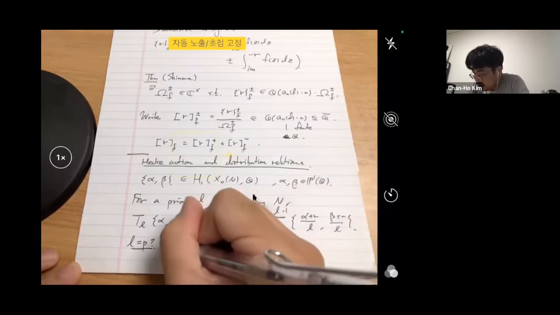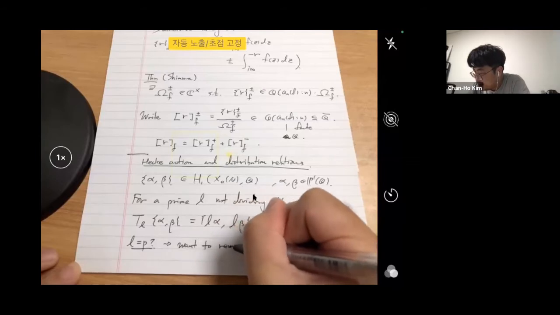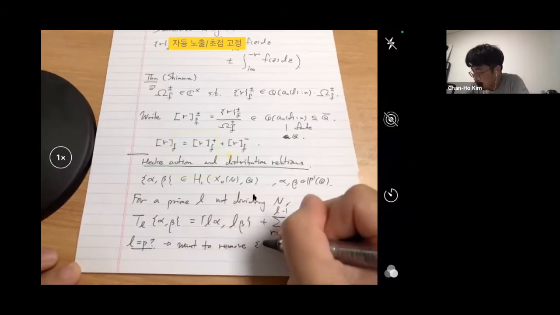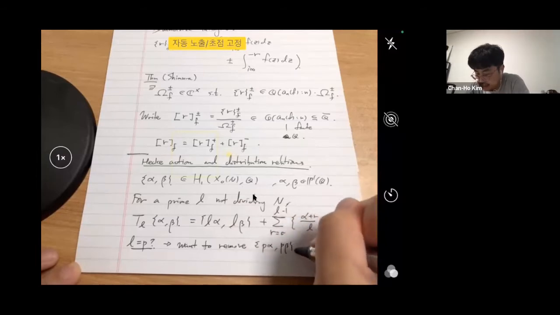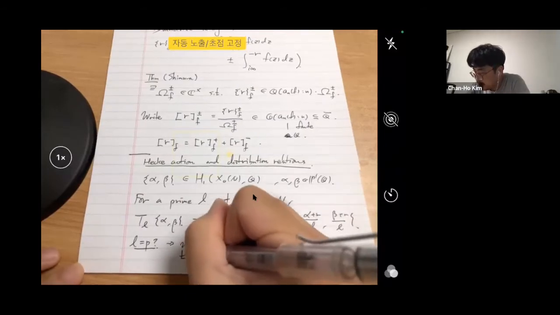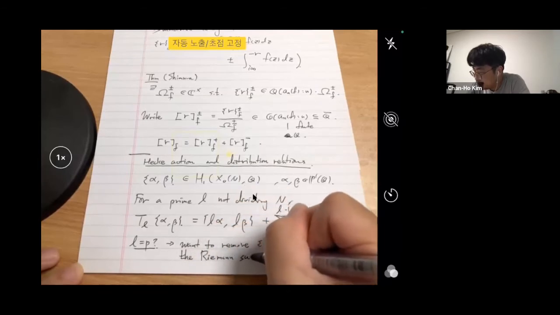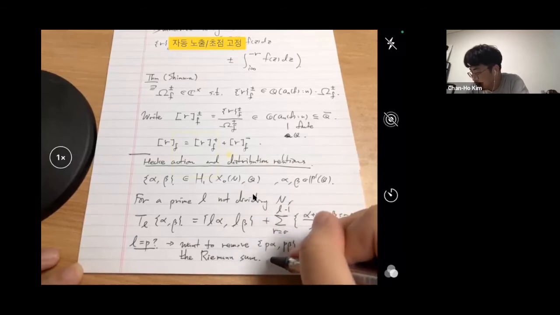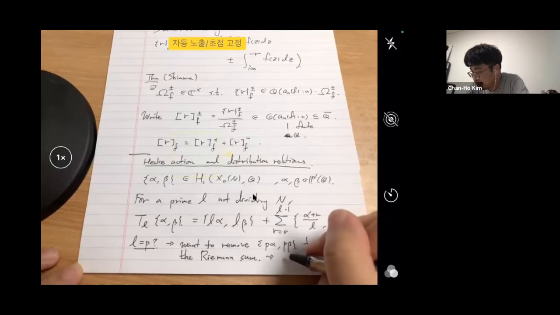So l is p here, and we want to remove {p alpha, p beta} in the sum to obtain the Riemann sum relation. For that we need to do some modification to the modular form F. This is the so-called p-stabilization.